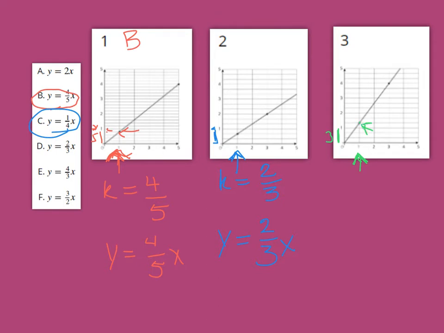So 3/3 plus another third would be 4/3. And that would make K equal to 4/3, and our equation, therefore, Y equals 4/3 X. So our third graph would be E.